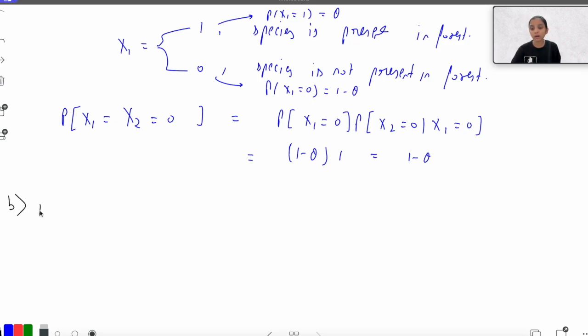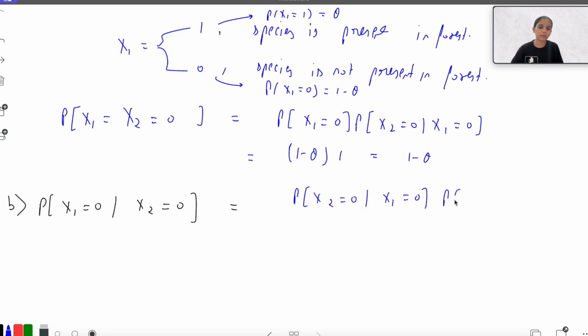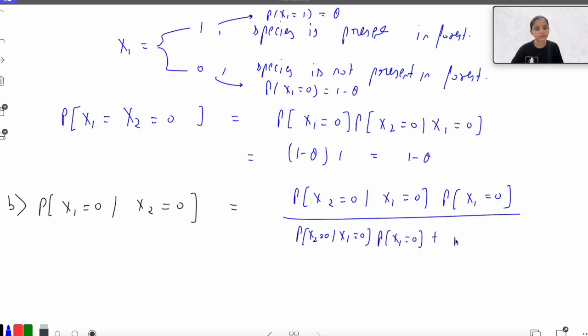Now in the same question, they can ask, let's see the B part. They can ask, what will be the probability of x1 is equal to 0 given x2 is equal to 0, right? That is easy. You can find that out just by the simple Bayes rule, and that will be probability that x2 is equal to 0 given x1 is equal to 0, times probability x1 equal to 0, upon the same thing, plus probability x2 is equal to 0 given x1 equal to 1, times probability x1 equal to 1.